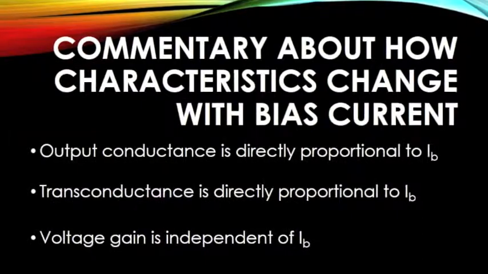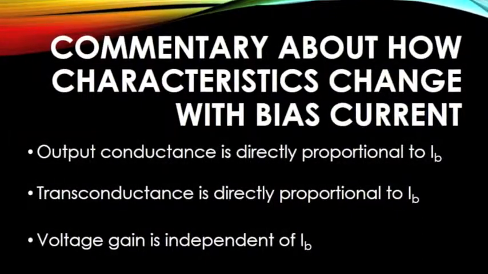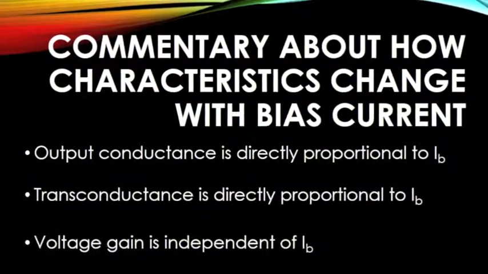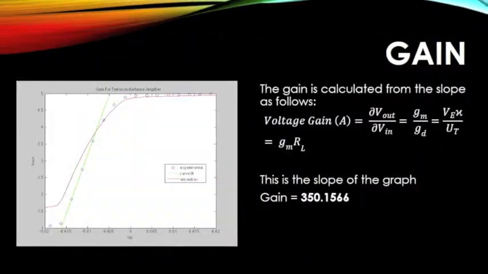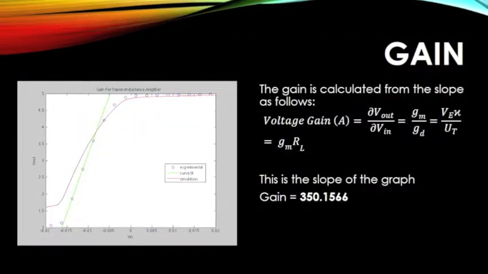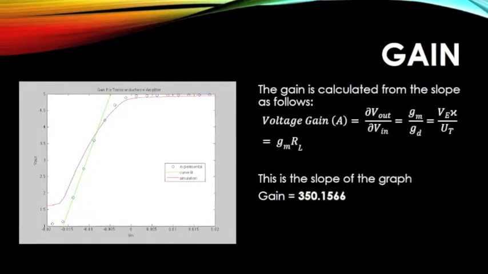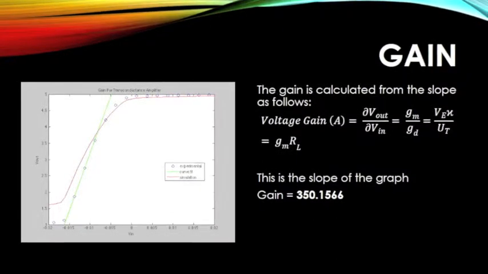A question arises about input offsets. The input offsets to the system depend on the transistor parameters such as temperature, and they do not alter the gain or the bias voltages. The gain for a transconductance amplifier is calculated from the slope of the graph of output voltage versus input voltage.